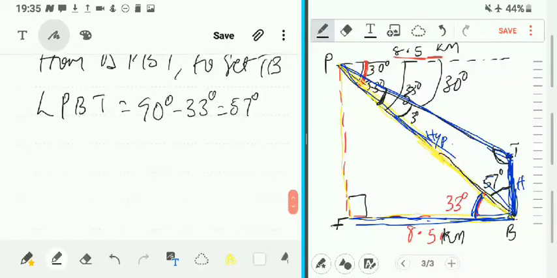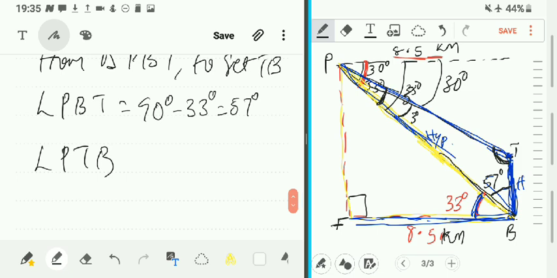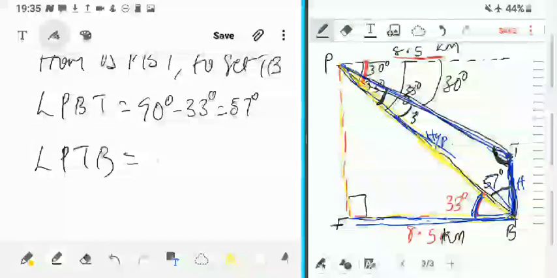You can use sine rule, you can use anything that comes to your mind. I'm just going through this to be more flexible, so that you will not have fear when you want to solve anything. Okay, so angle PTB, that's this angle here, P to T to B.